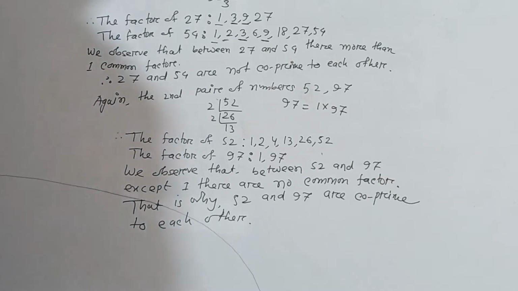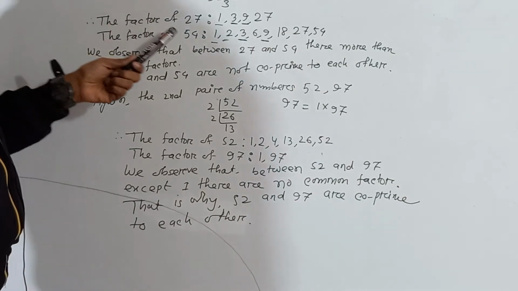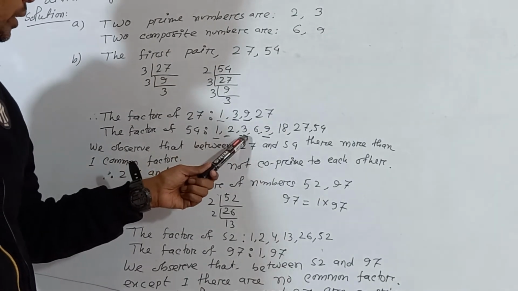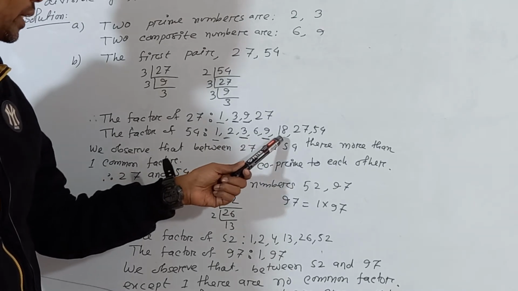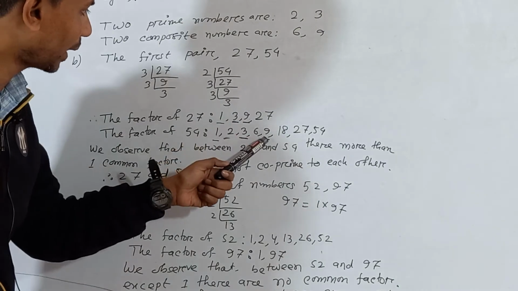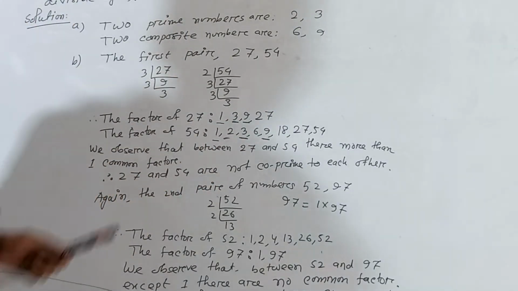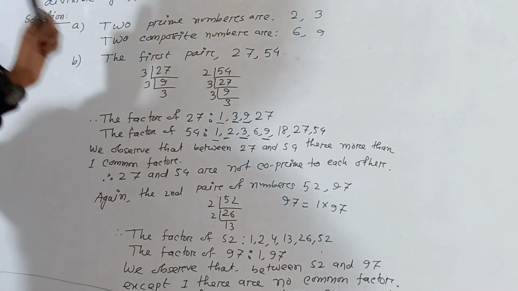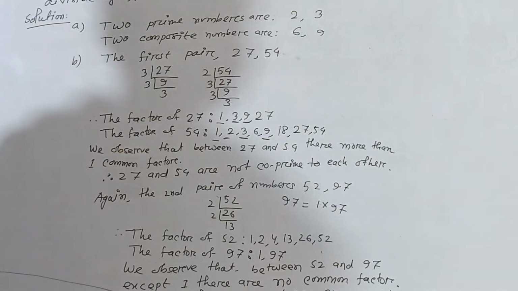Student, you look from the beginning in B number question. The factors of 27 are 1, 3, 9, 27 and of 54 are 1, 2, 3, 6, 9, 18, 27, 54. You see here 3 and 3, 9 and 9 are the common factors. That is why we say 27 and 54 are not co-prime to each other.